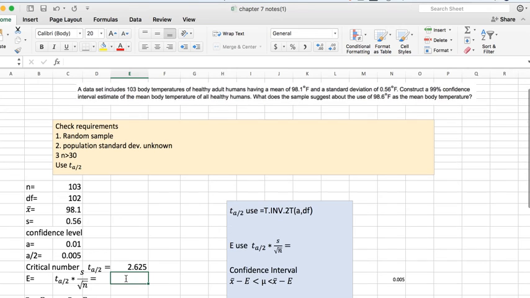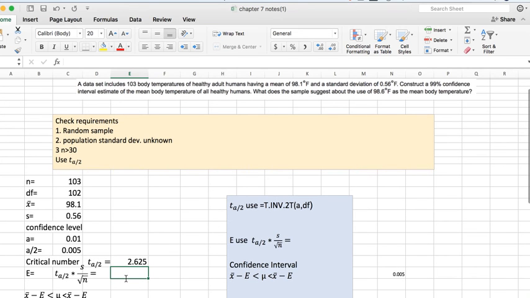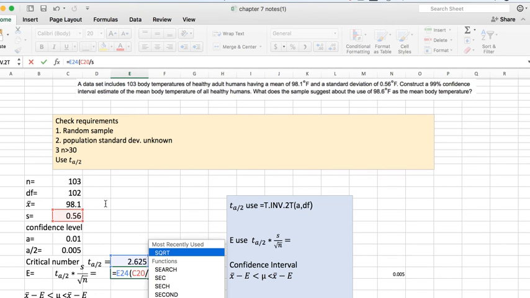And once we have that critical number, we can find our margin of error, which is going to help us build our confidence interval. So the margin of error for the t-distribution for the mean, we're going to take our critical number and multiply it by a fraction of the sample standard deviation divided by the square root of the sample size.